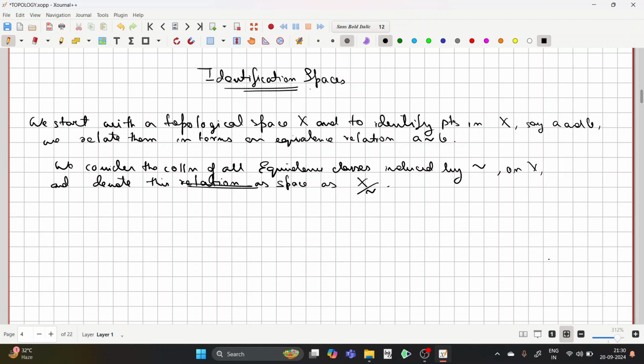Okay, this is a symbolic notation. This just means that we are identifying the points with respect to this relation over X.